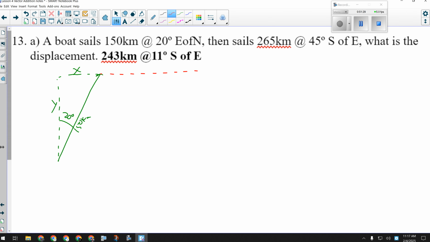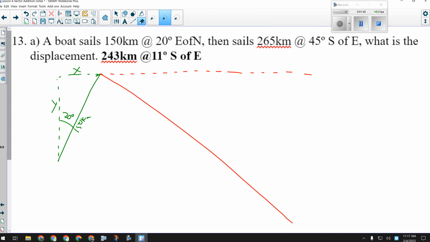So there's east, 45 degrees south of east. That might be a little long, so just erase a little bit of that.